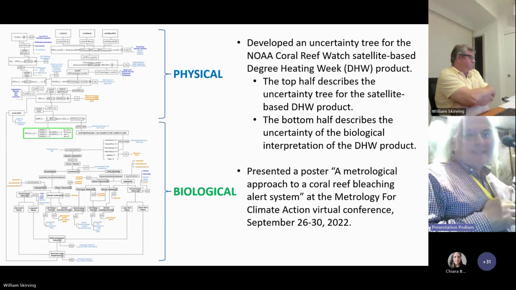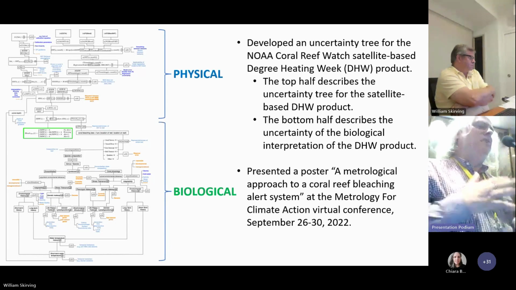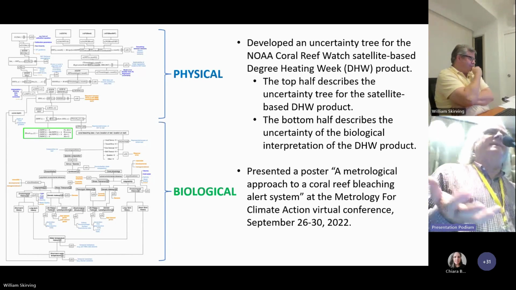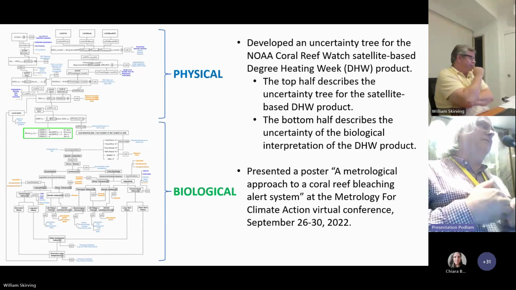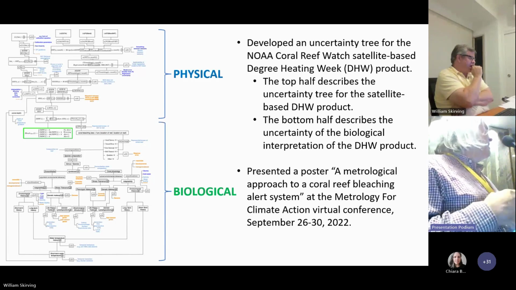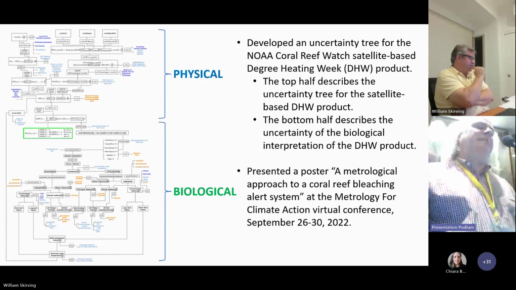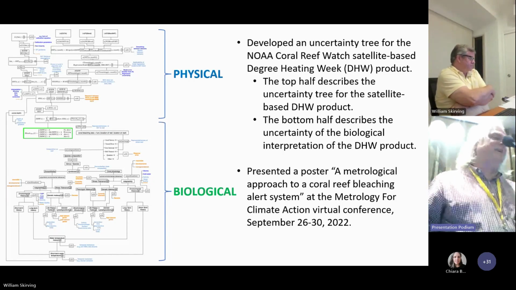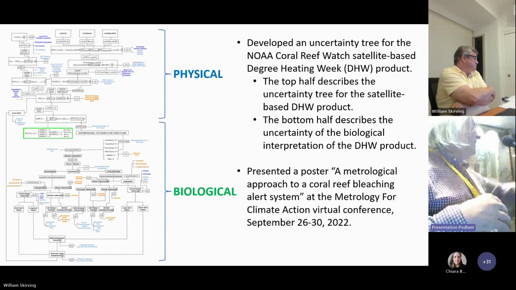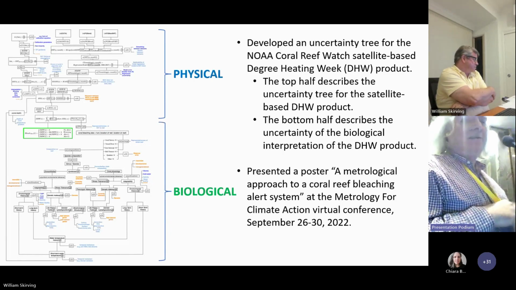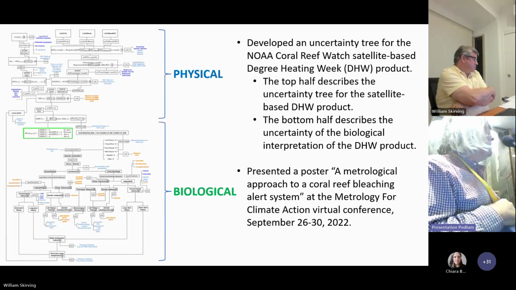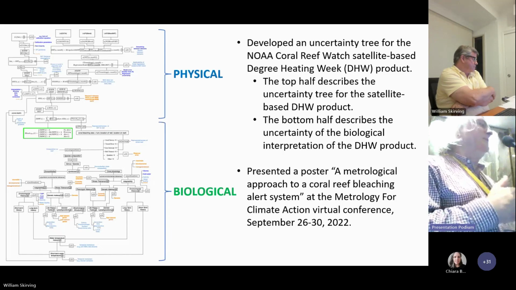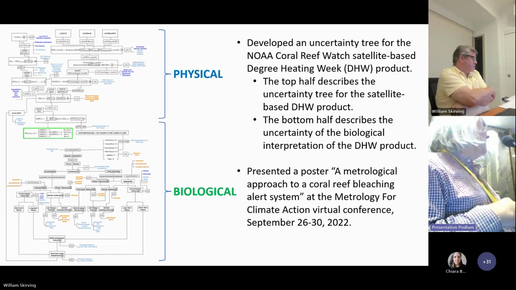As you go downwards through the process, you're breaking it into, well, how do I generate what's known as a degree heating week, which is one of the metrics for stress on corals. So you go through things like averaging over time scales, accumulating information, until you end up with this degree heating week, which is the box in green there, which, like I say, is one of the measurements, and you use it to estimate stress, basically.